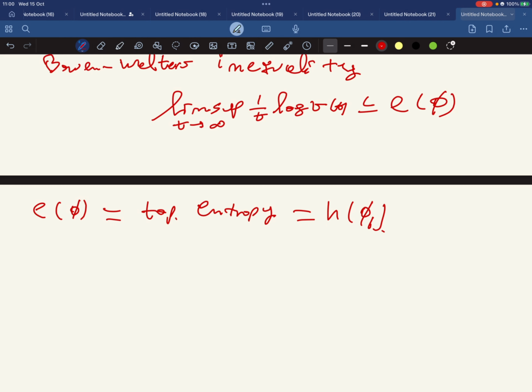But there is another way to define this h of phi, which is precisely by the Bowen-Dinaburg formula.